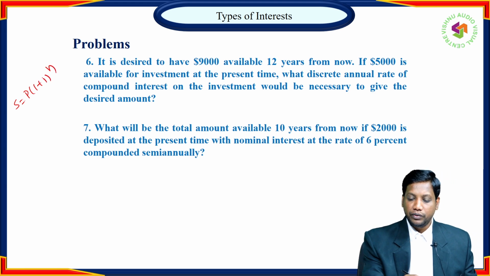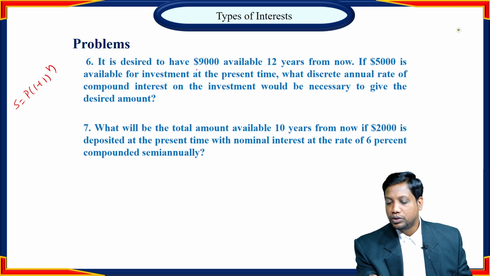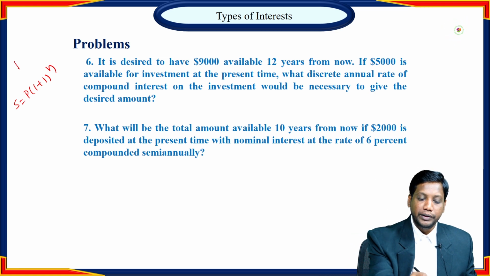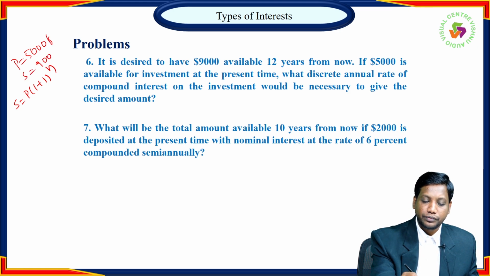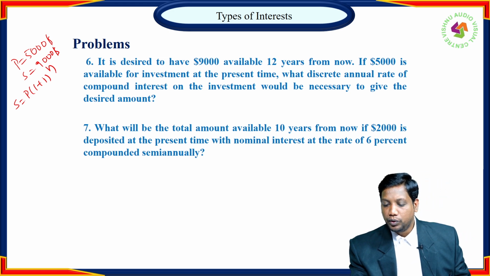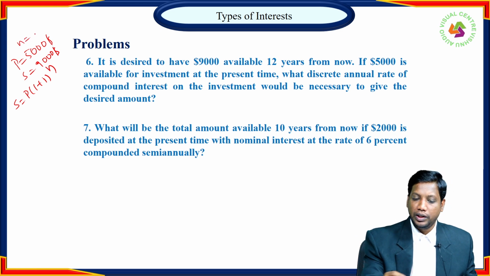So here we have S, it is desired to have $9,000 available 12 years from now. If 5,000 is available, so here the principal amount is given as $5,000 and S is given as $9,000. Here we don't know the annual rate of compound interest, but n is given as 12 years.